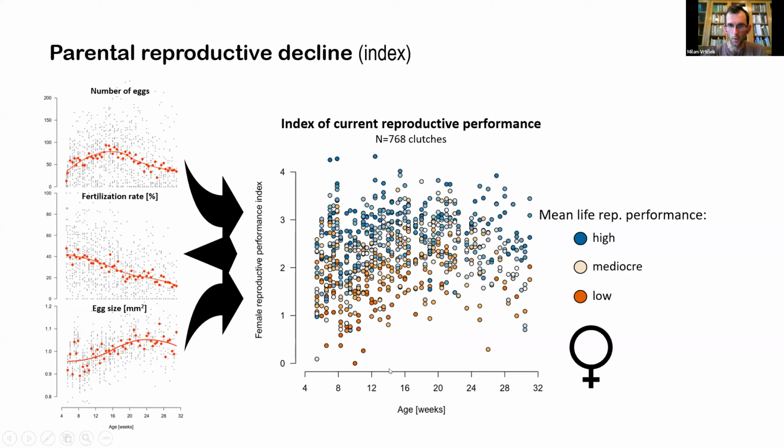With this plot, I would like to illustrate that the females that have low mean reproductive performance always happen to be in the lower part of this chart compared to the females that are in the upper half, meaning they perform better consistently. It's not completely random. So it's showing that we have good quality individuals and low quality individuals during the whole experiment.